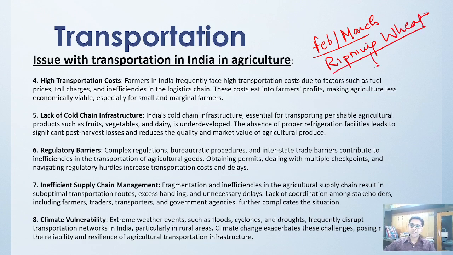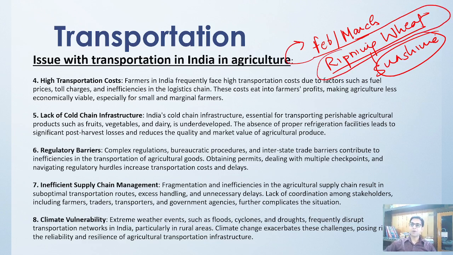It requires sunshine, but it is raining in February and March. So these are climate vulnerabilities, and the whole wheat crop gets destroyed because of this. Floods, cyclones and droughts keep disrupting things frequently. Because of that, it poses a huge risk to the reliability of the agriculture transportation network, right?